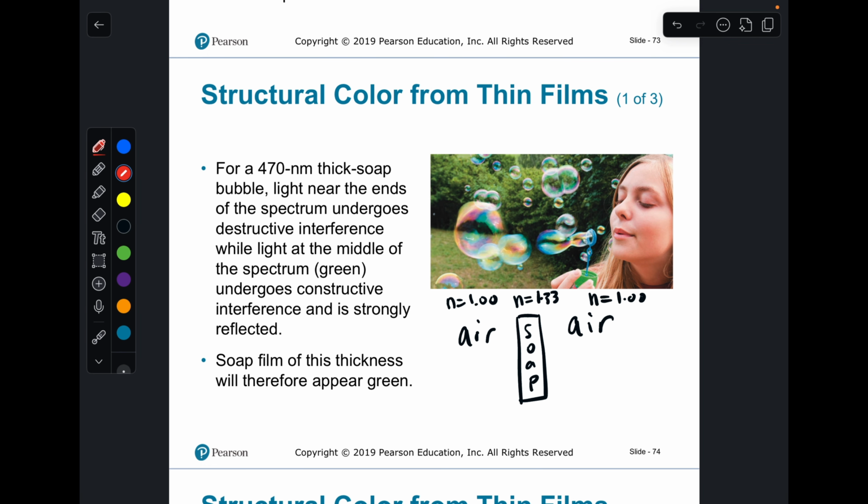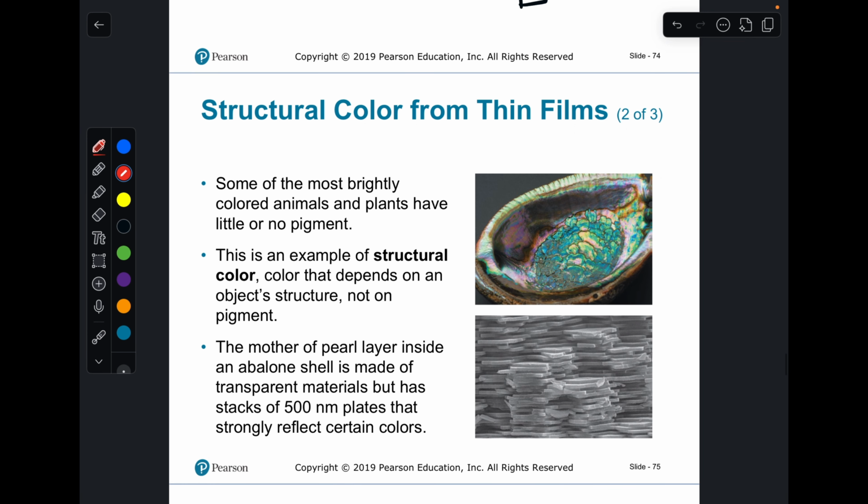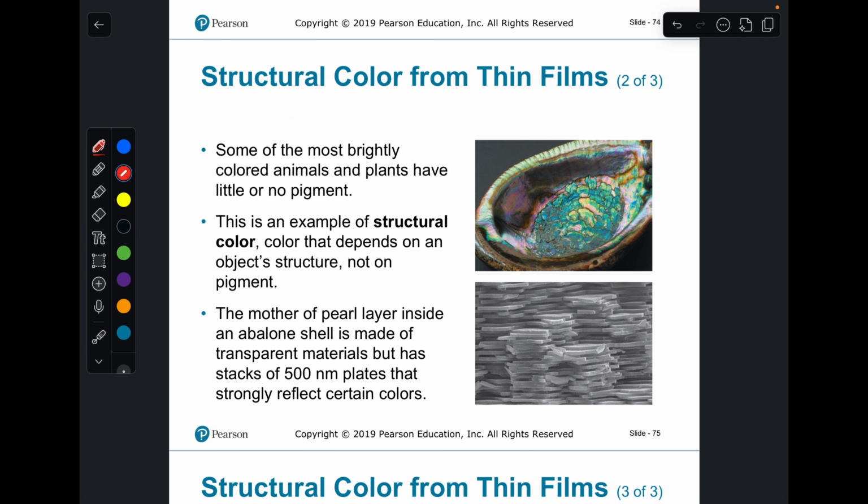This is a time where we can talk about the difference in sources of color. When you look at a bubble, you obviously see these beautiful colors, right? These colors are a result of constructive interference through a film of soap, which has air on both sides. Color also comes from pigment.